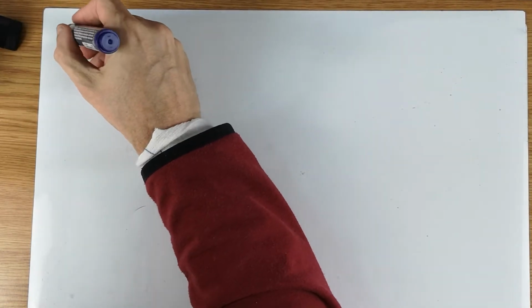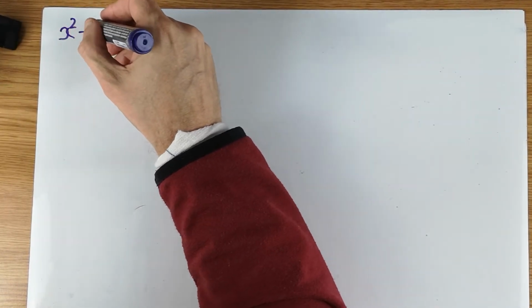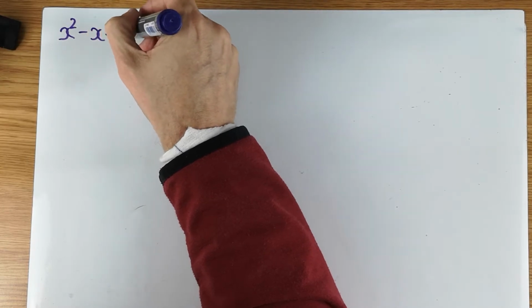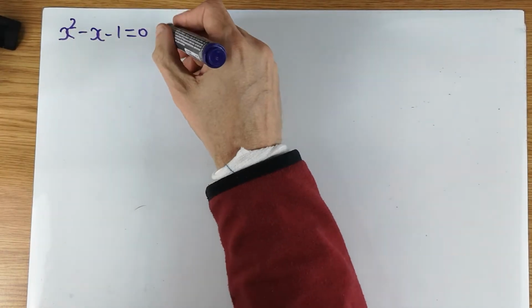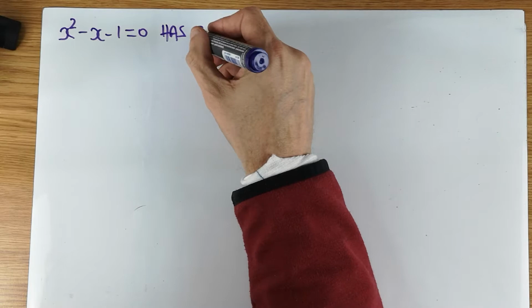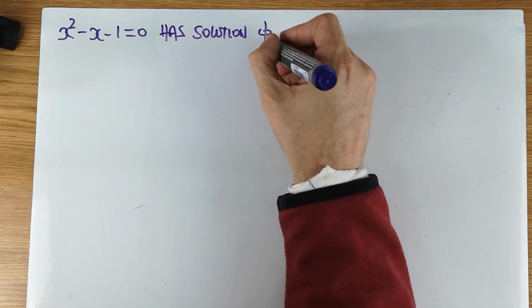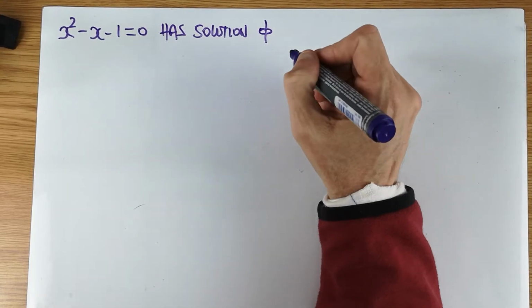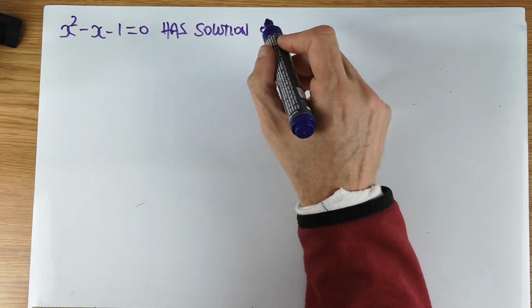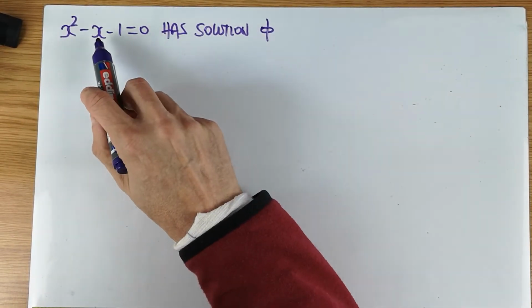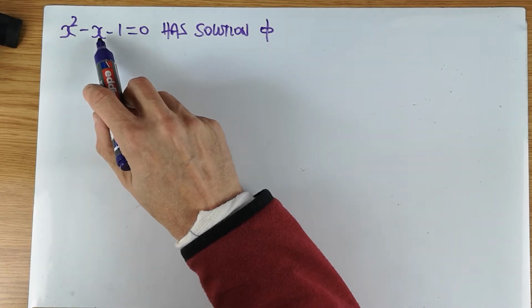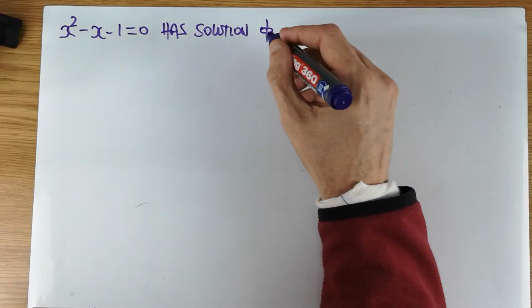So x squared minus x minus 1 equals 0 has solution phi, the golden number. The positive solution of this particular quadratic is denoted by phi.